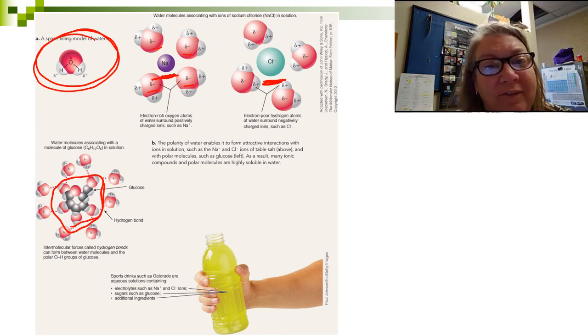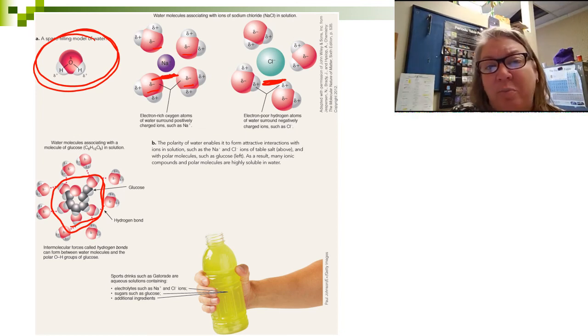Well, glucose itself is actually a fairly large molecule. So you're going to have a whole bunch of water molecules trying to surround it. And because it does have some OHs on it, that allows for intermolecular forces called hydrogen bonds to occur to allow it to dissolve very easily.